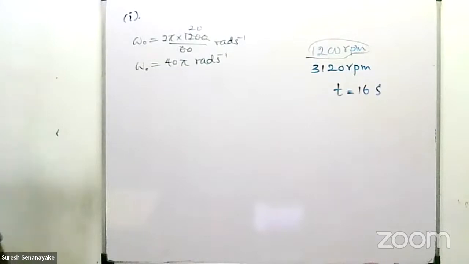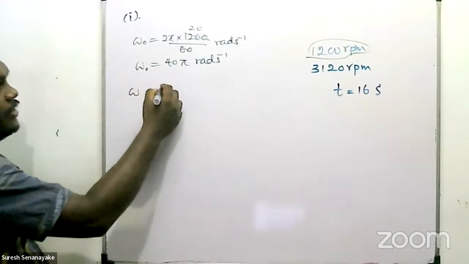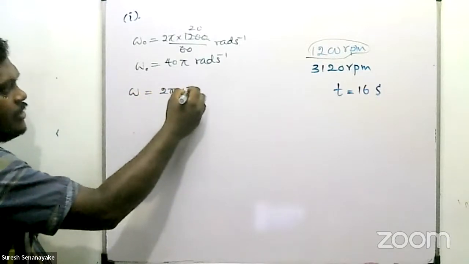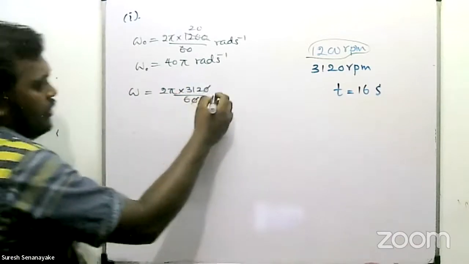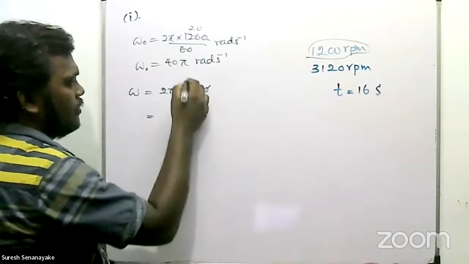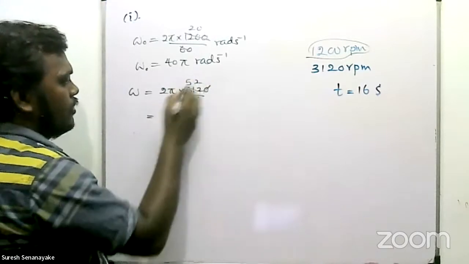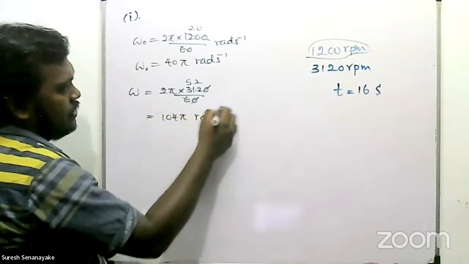It's easy. And then the final angular velocity omega is 2 pi multiplied by 3120 divided by 60, which is 104 pi radians per second.